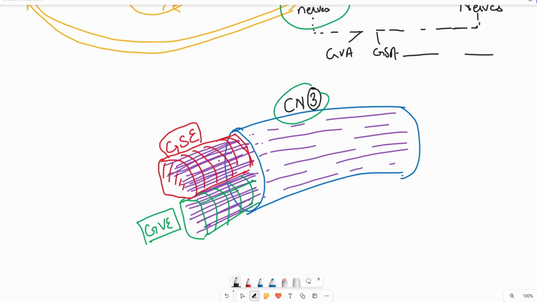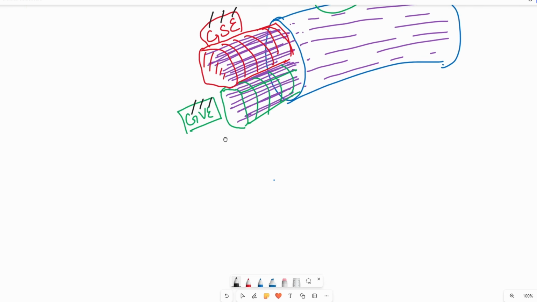Then we will label it: if it is efferent we write efferent, if it is somatic we write somatic, and if it is general we write general. This way it becomes general somatic efferent. Similarly, this is the general visceral efferent, if it contains efferent, visceral, and general types of nerve fibers.